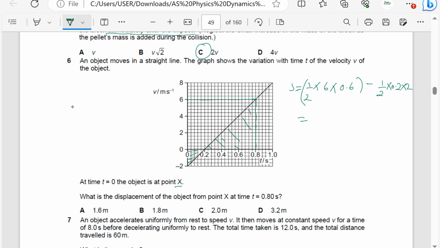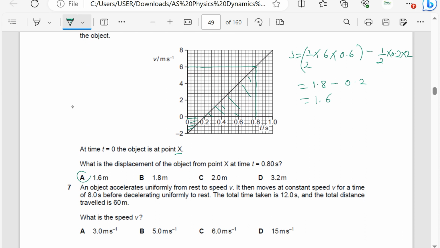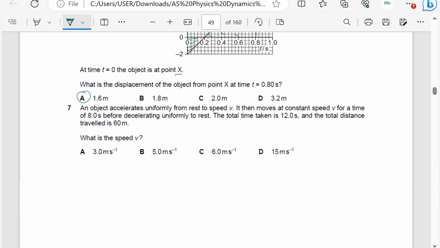So this is going to be 1.8 minus the other one, 0.2, which gives us 1.6. The answer is A.